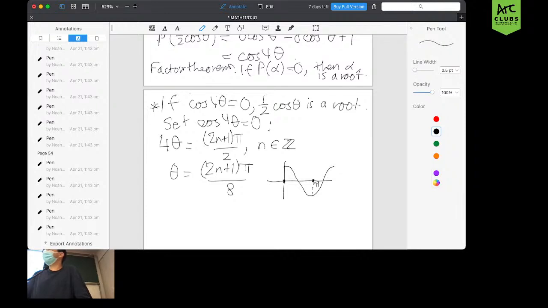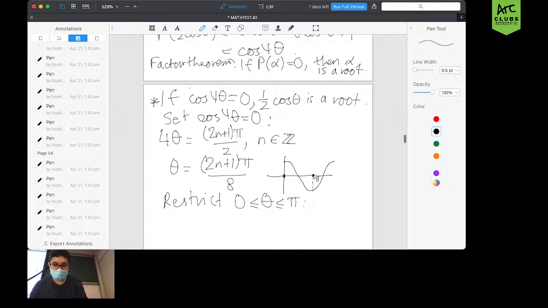And therefore, we also cover all of our distinct roots for the polynomial. Okay, so we're going to restrict theta to be between 0 and pi to get all our distinct roots.